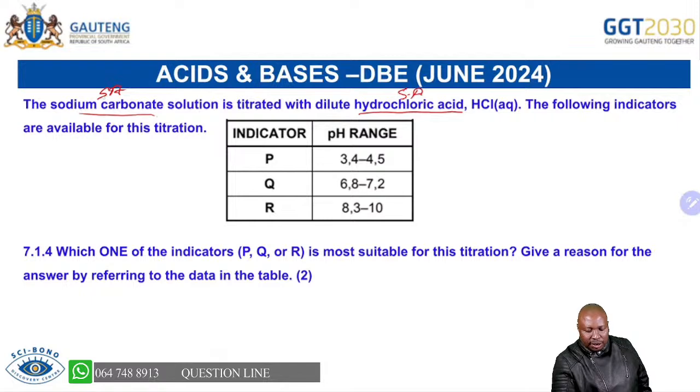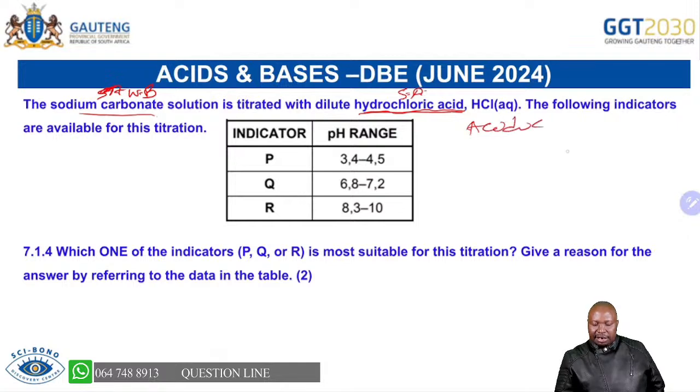So all carbonates are weak bases, and hydrochloric acid is a strong acid. So a strong acid and a weak base, you know that this must be acidic. And remember what we said. For acidic, we'll use methyl orange.